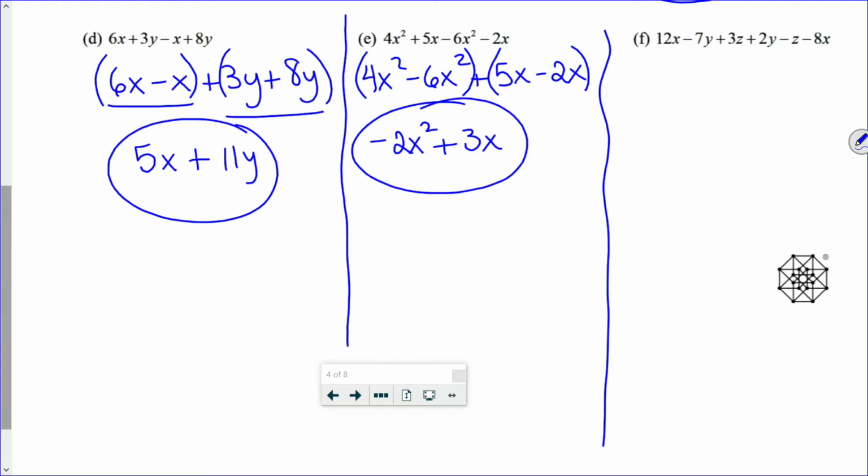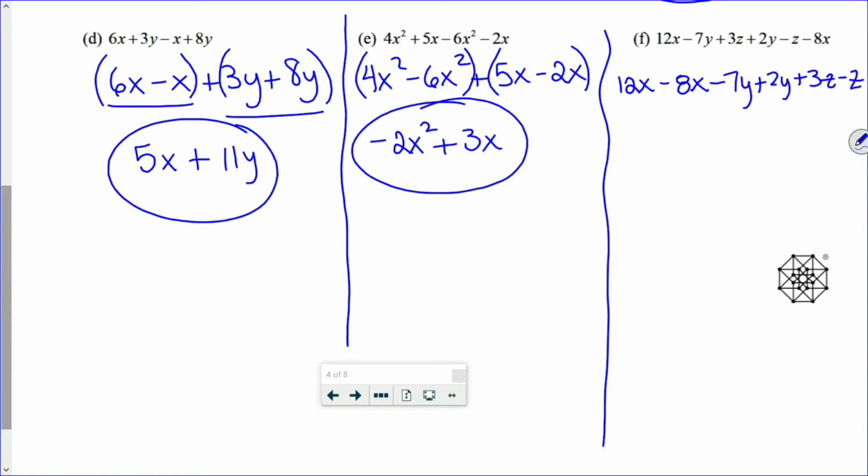Likewise, in letter F, we've got a lot going on here. We've got x's to the first, y to the first, z to the first. Again, I'm going to rearrange these using the commutative properties and the associative properties. I've got 12x minus 8x minus 7y plus 2y and 3z minus z.